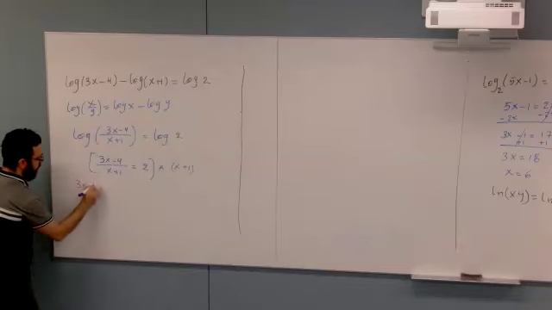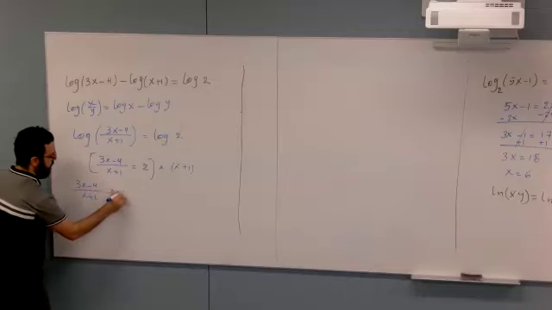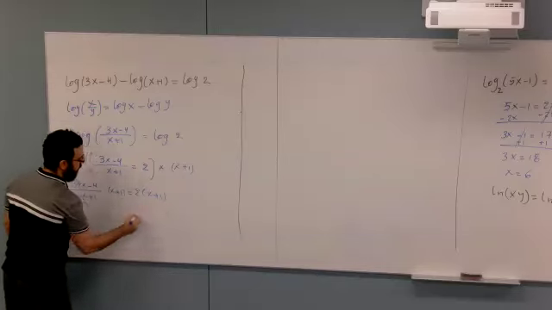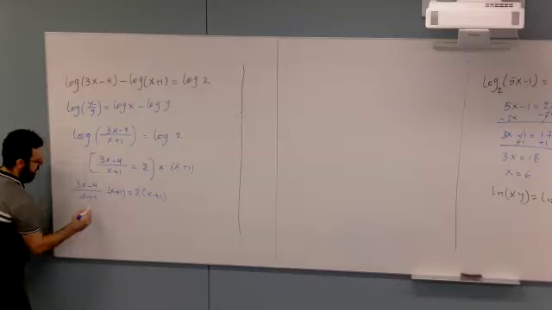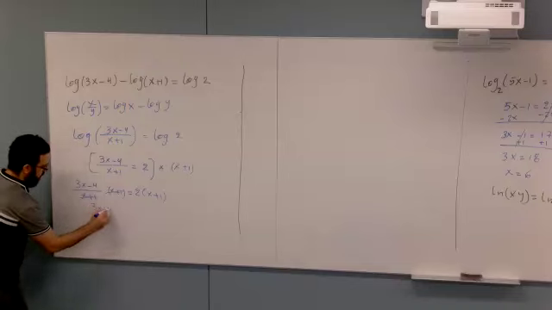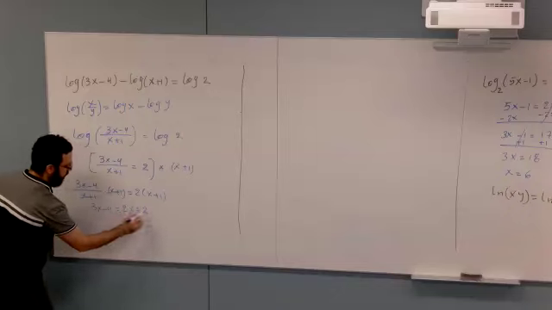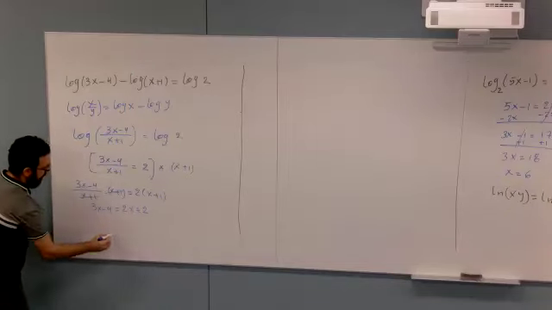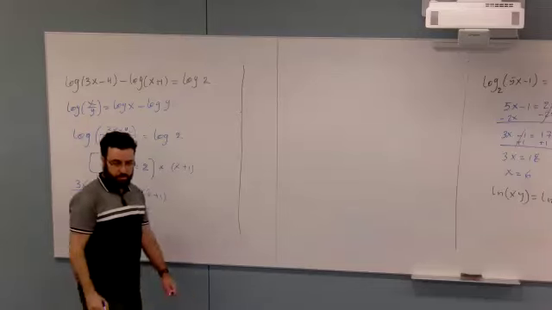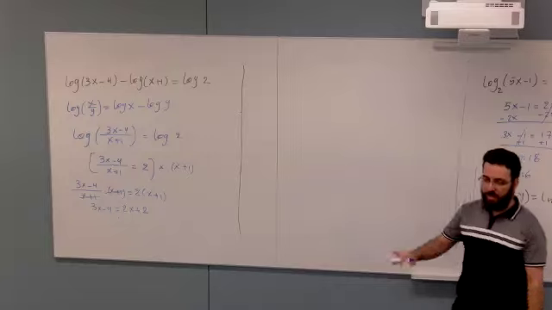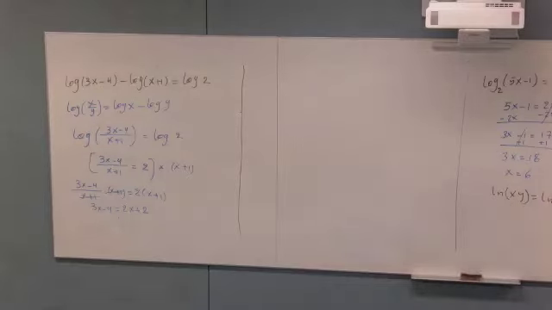So 3x minus 4 over x plus 1 times x plus 1 equal 2 times x plus 1. Cancel. 3x minus 4 equal 2x plus 2. I'm not going to do the rest. You're going to subtract 2x. Just move the variable to one side, the numbers to the other side, and solve it. Is that okay?